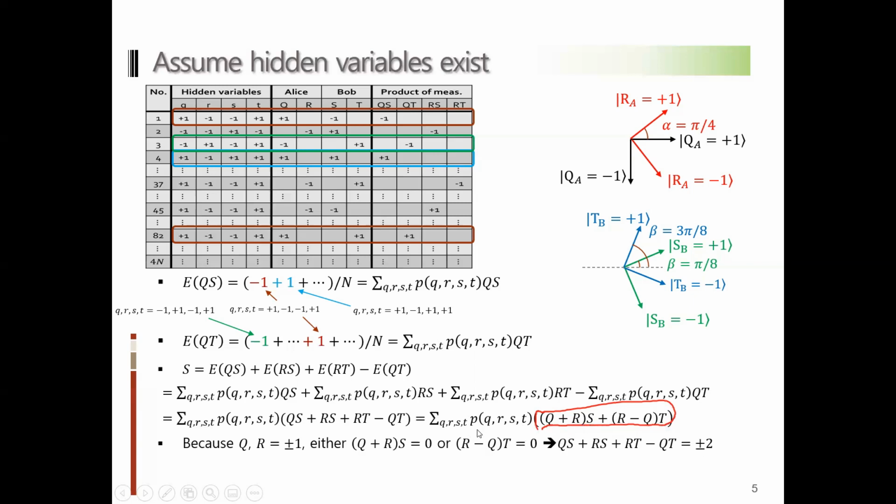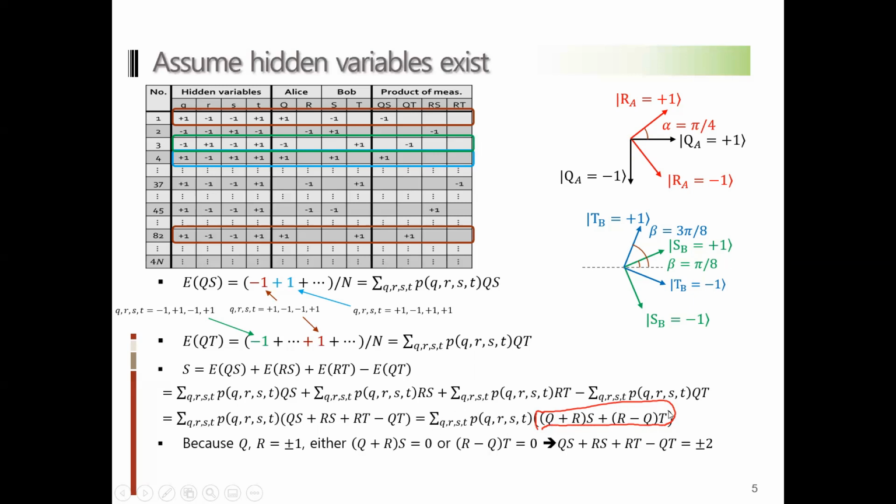What is the maximum value you can expect for this kind of expression? If we assume the extreme case that this value is always +2, then the 2 can be factored out, and the remaining part is the summation of all the probabilities, which is 1.